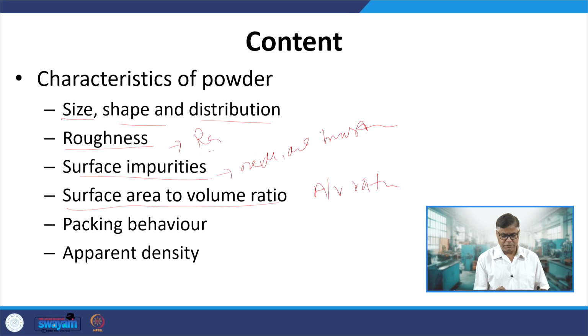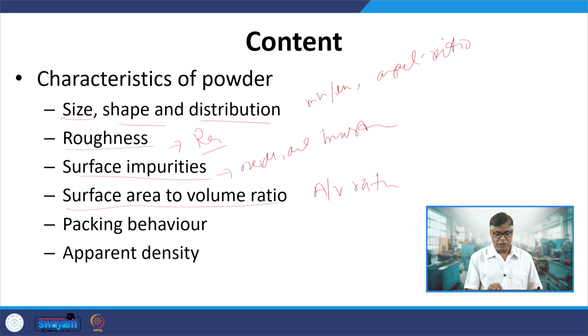Size is expressed in micrometers, shape is quantified in terms of the aspect ratio, and distribution is the proportion of powders of different sizes.